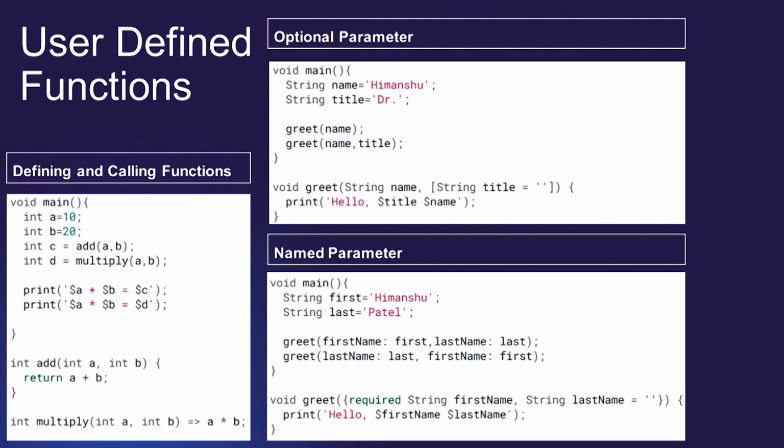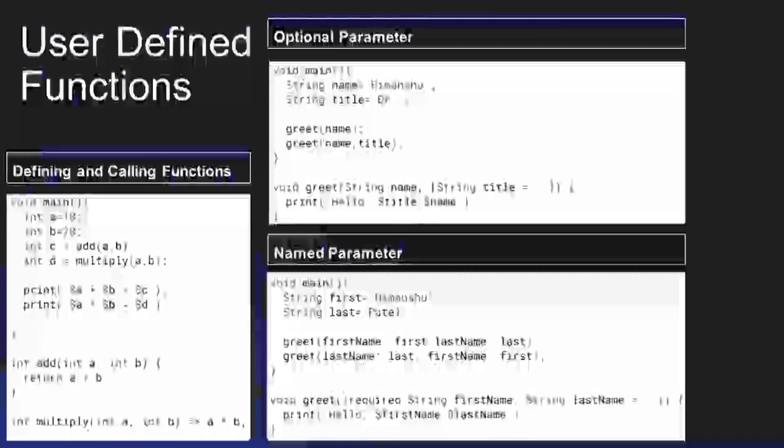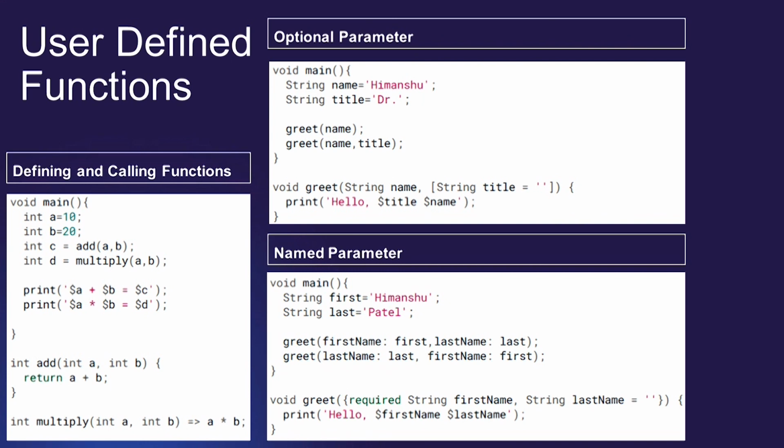Here we explicitly say that last name is last, but it is specified in the first place, so last name will be passed to the greet function correctly. And we specify first name in the second position, but we explicitly say it is first name, so it will be passed to first name. This is how we can use named parameter.